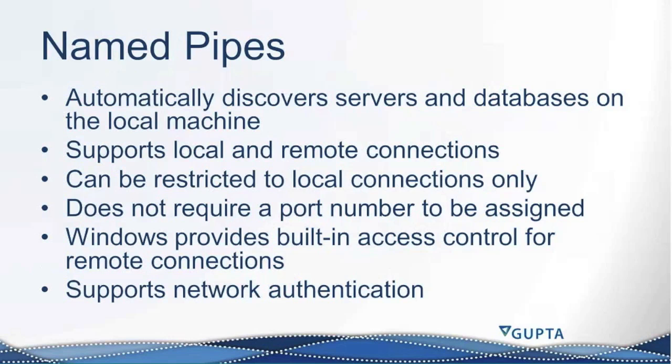Windows provides built-in access control for remote connections, and what that means is if your client is attempting to connect to the server, in order for the Namepipe connection to succeed, the server has to be able to identify the client. And this all happens before the SQLBase sends the database connect message across.